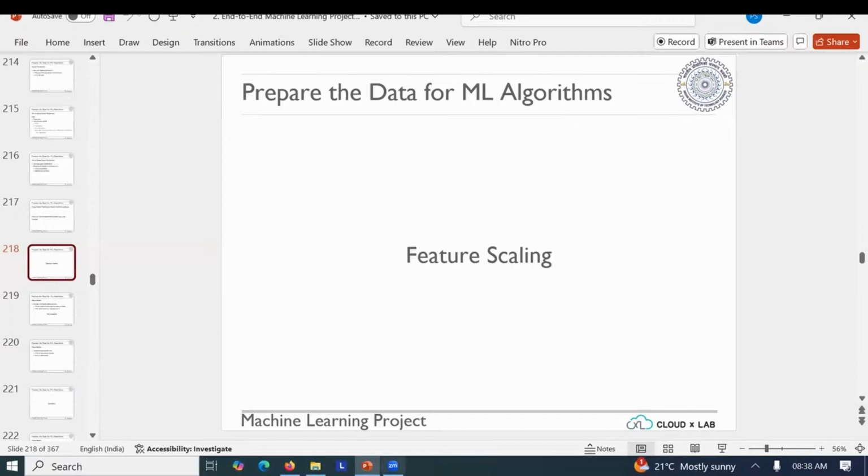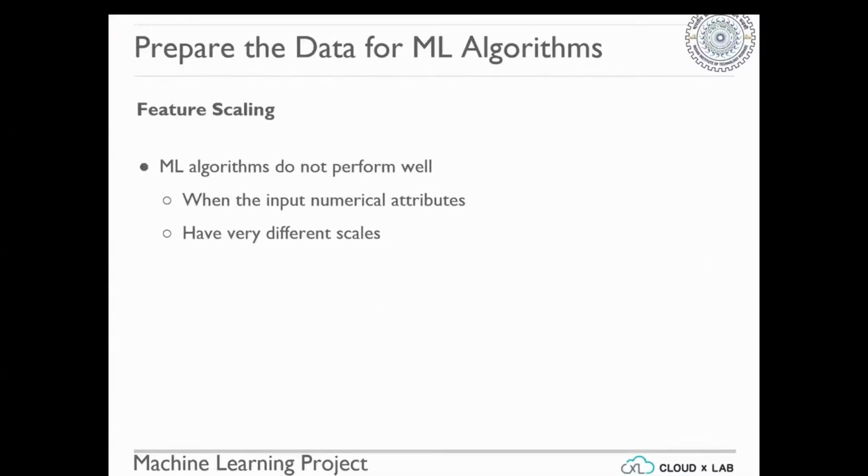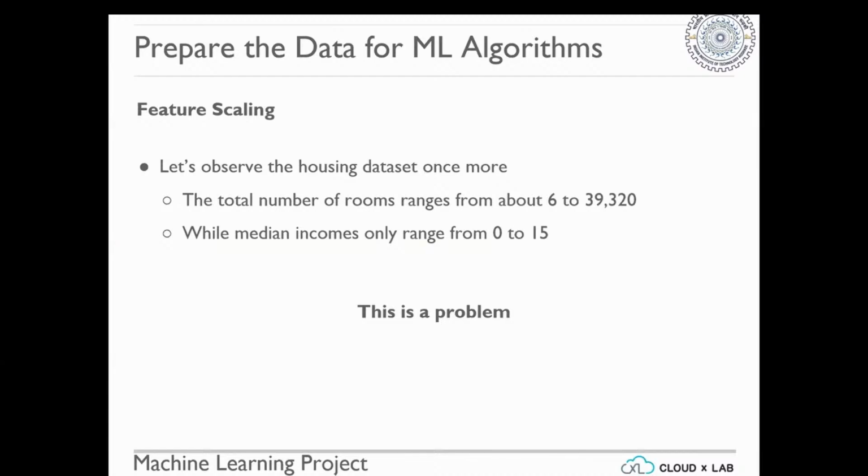In feature scaling, we generally scale features and try to make all attributes the same scale, right? So here in our example, as you can see, the number of rooms can vary from 6 to roughly 40,000, while the median income attribute only ranges from 0 to 15.